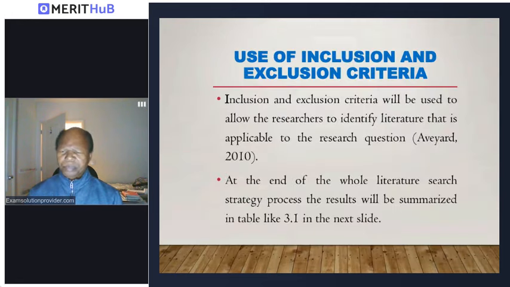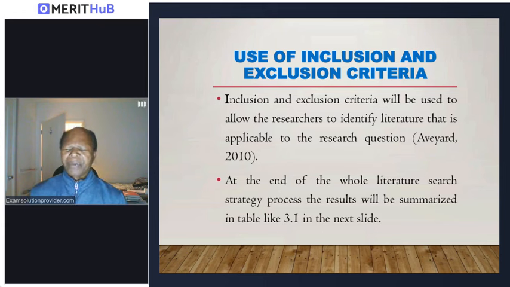So I can see here the inclusion and exclusion criteria. So inclusion and exclusion criteria will be used to allow the researchers to identify literature that is applicable to the research question. Okay, so he justifies why he's using that. The justification is this article that he read, which is Aviad in 2010. Okay, so he or she has justified.